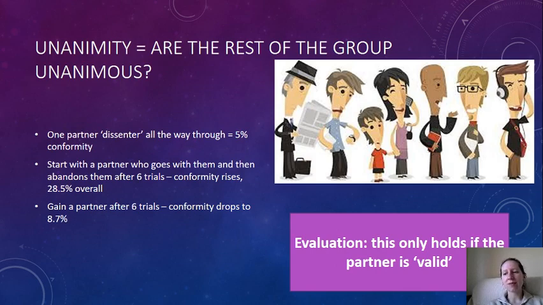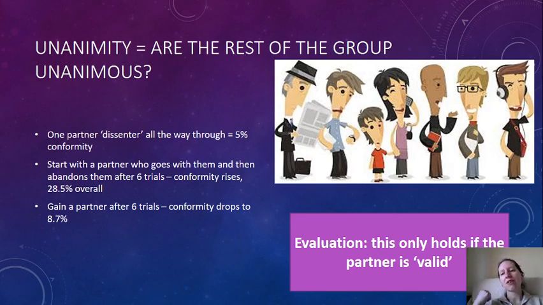Where they had someone with good eyesight as the partner, they found the same results, that conformity really dropped, that they were able to be more independent and not conform to the rest of the group. But if the partner was someone who obviously had really poor eyesight, like they had really thick glasses on, for example, then that didn't have the same effect.